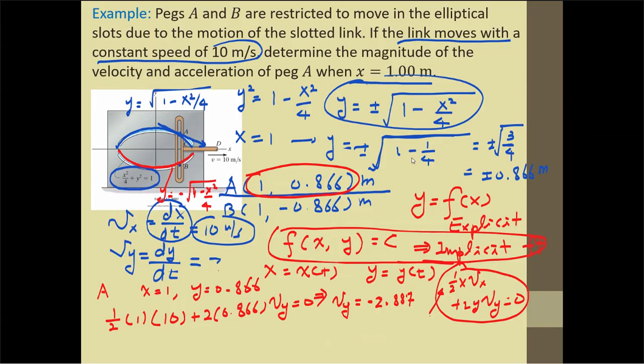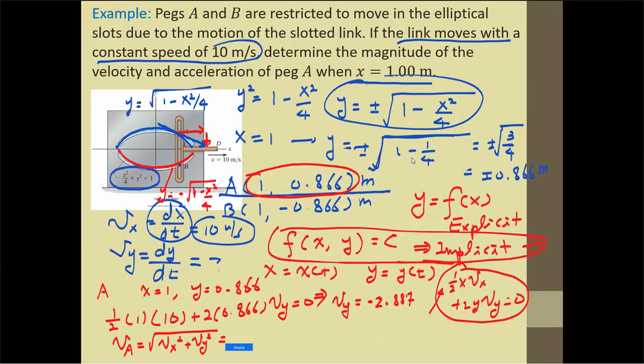The magnitude. So the x component is constant, look at that. The y component is negative, right? Okay, and then the magnitude. The velocity at A is the square root of the velocity x component squared plus the velocity y component squared.